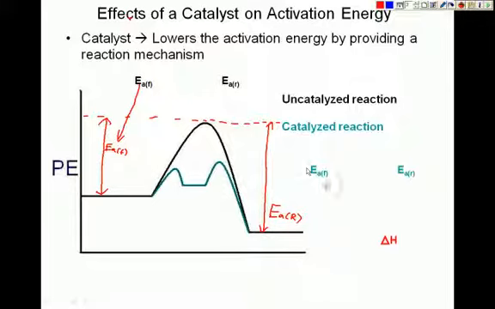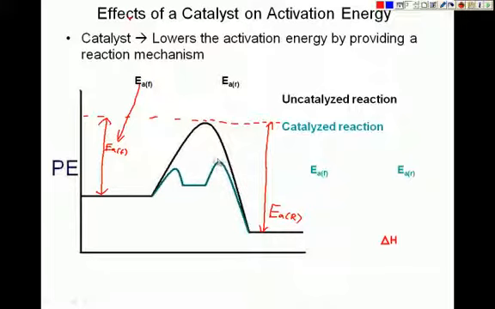Now we're going to look at the activation energy of the forward reaction when it is catalyzed. So here we have a two-step reaction, because we have two peaks right here, and we can clearly see that the second peak is higher than the first peak.